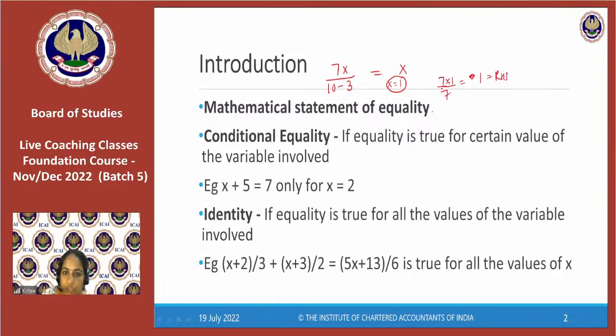Even for 2, 7 into 2 by 7, the answer is 2, which is RHS. So for whatever value of x, for all the values of x, if the equality is holding true, then it is known as identity equation or identity equality. Okay.